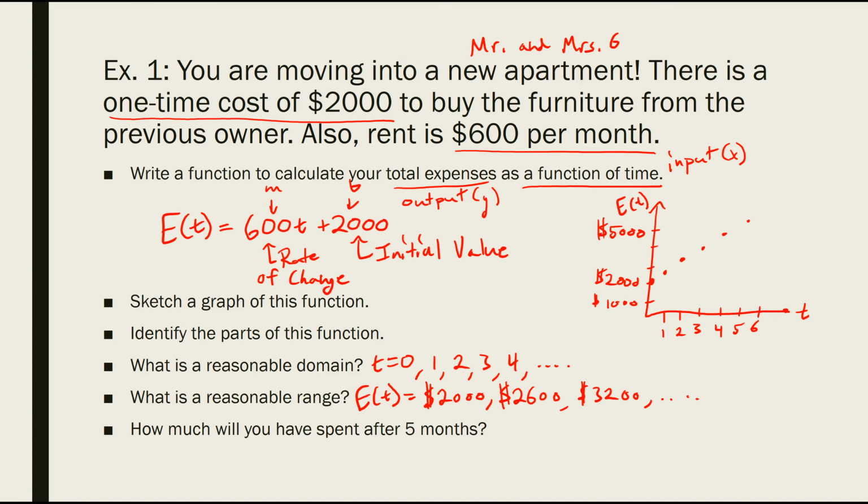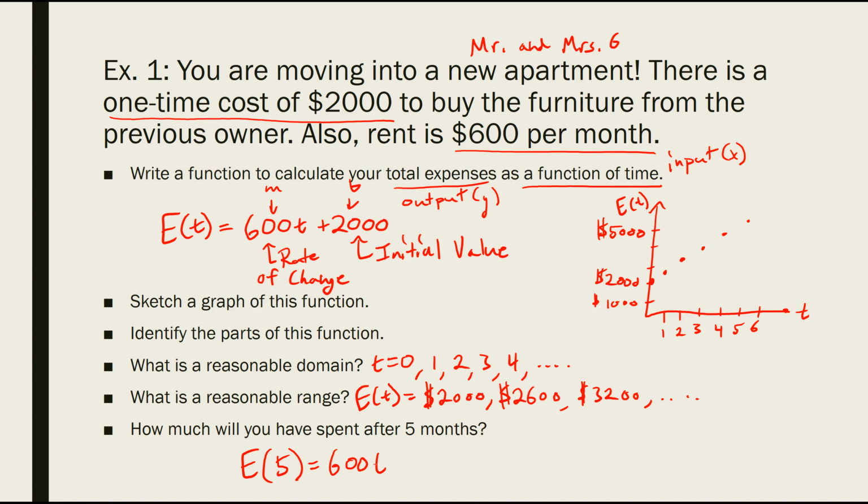Finally, how much will you have spent after 5 months? Since I already have the function, this is a really easy thing to calculate, and let me show you how the notation would work. I'm going to say E of 5, because 5 months, and I'm plugging in this 5 everywhere I see a t, because 5 is my t.